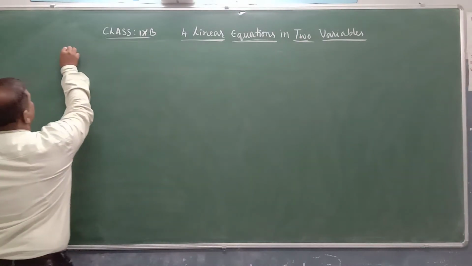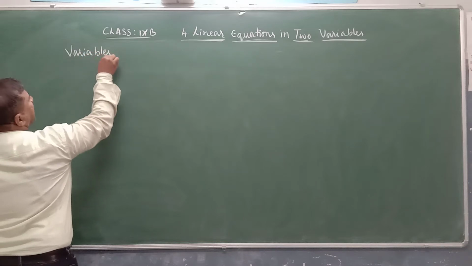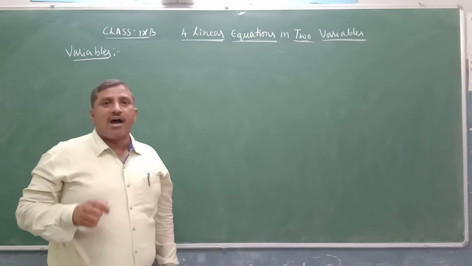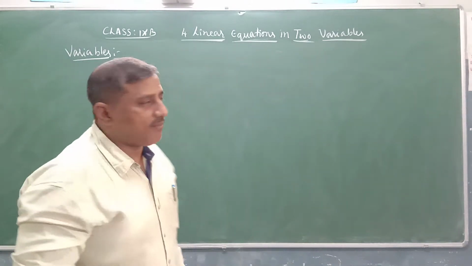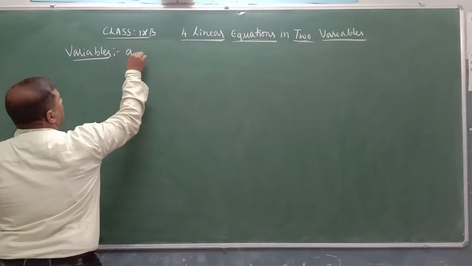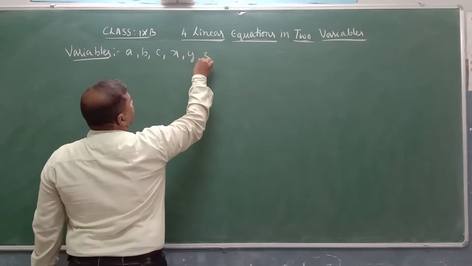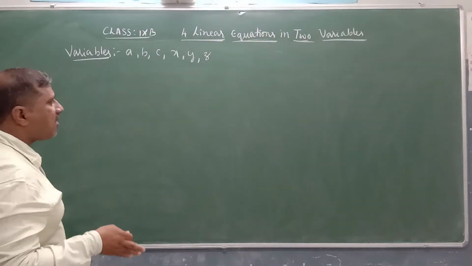Variables are the numbers which do not have a fixed value, and they are represented with small case English alphabets like small a, small b, small c, x, y, z, and so on. All these are variables.